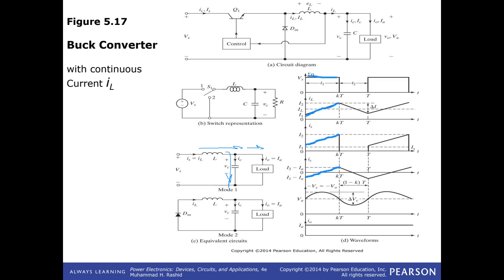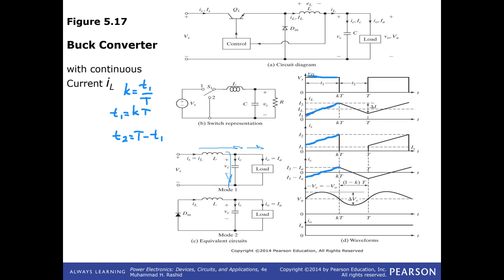if you write duty cycle, that means this duration T1 is equal to KT, and also T2, which is equal to T minus T1.